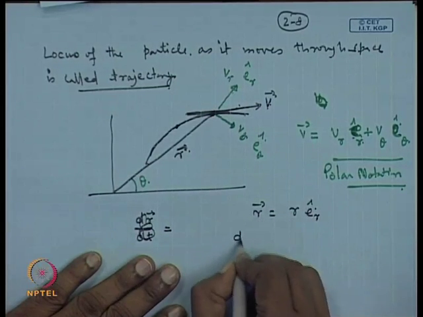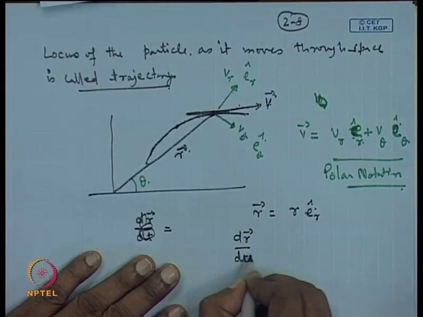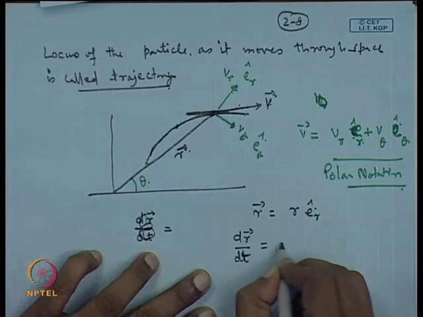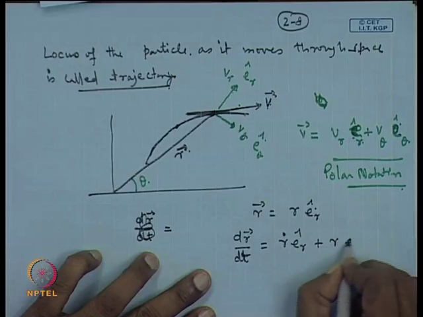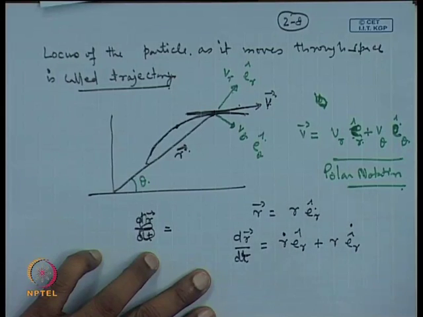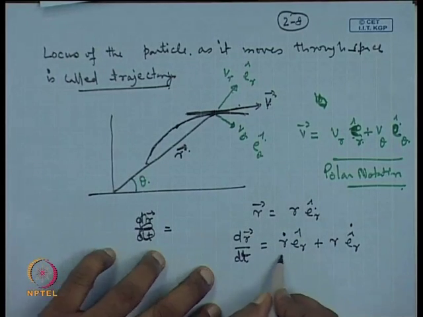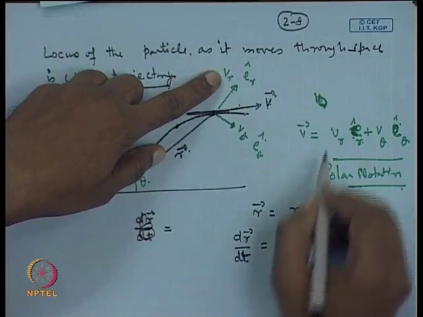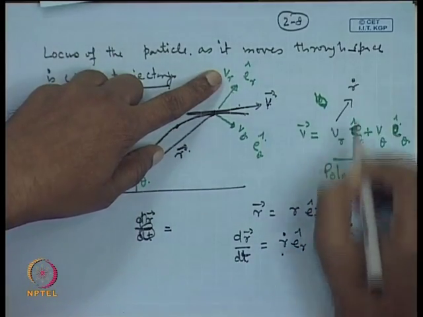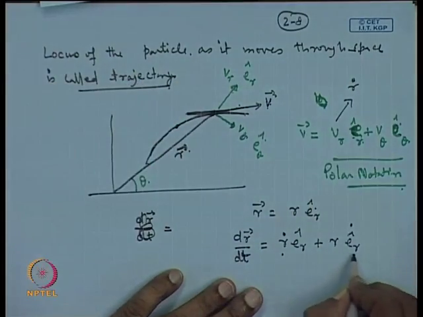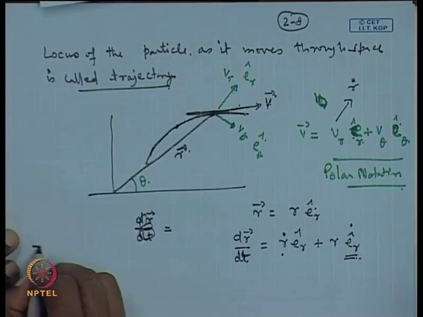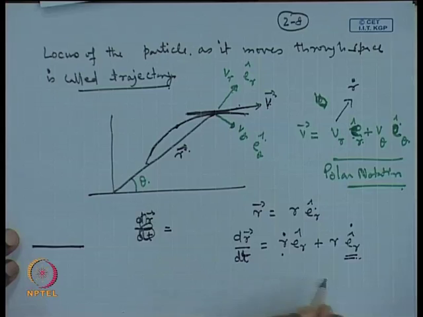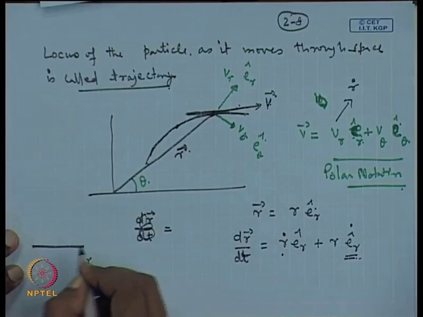If I differentiate this with respect to time, it can be written as r dot times E r cap plus r times E r cap dot. This is what I indicated here: V r is nothing but r dot, and this other part we need to evaluate. We will be using this frequently in our discussion later on.